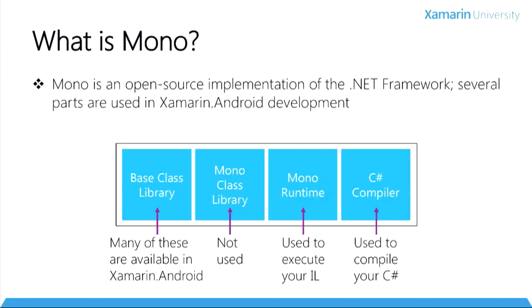In addition, you need the compiler and the runtime. The Mono C# compiler is currently used to compile your C# code, and the Mono runtime is used to execute your compiled C# code. So the base class library, the C# compiler, and the runtime are the pieces from Mono that you need on your development machine.